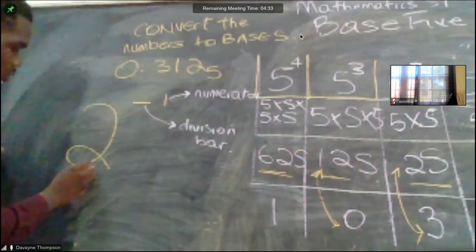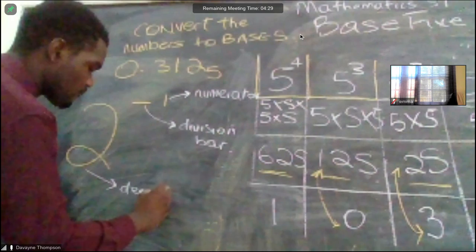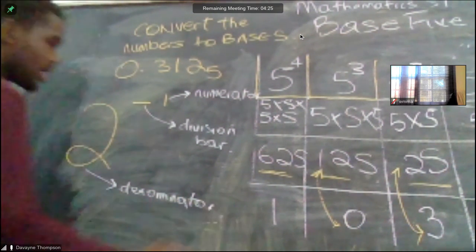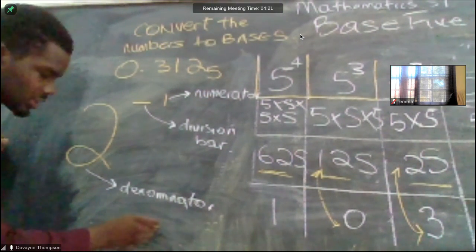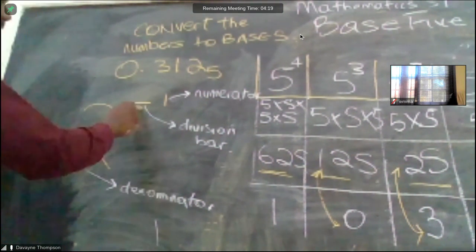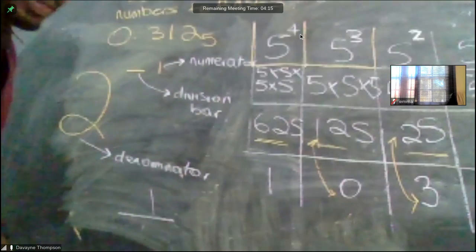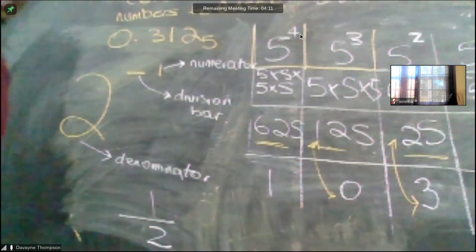And then 2 is going to be our denominator. So Emma, 1 as my numerator would just be in the top. My division bar would just be across here. And then 2 as my denominator would have given me a half. Isn't that so?